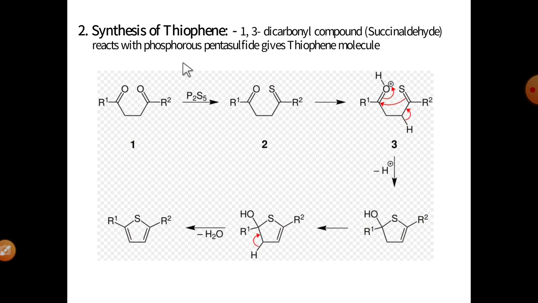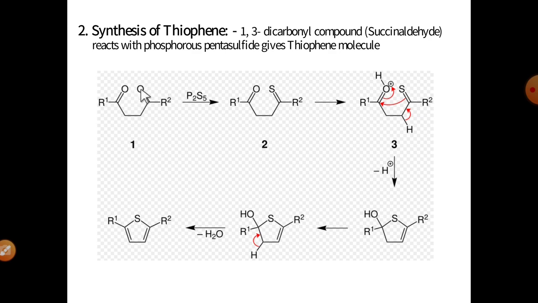Next one is the synthesis of the thiophene molecule. Similar to pyrrole and furan, thiophene is also synthesized by the Paal-Knorr synthesis method, in which the 1,4-dicarbonyl compound reacts with phosphorus pentasulfide, and finally through condensation it gives the thiophene molecule. See the reaction: 1,4-dicarbonyl compound in presence of phosphorus pentasulfide.